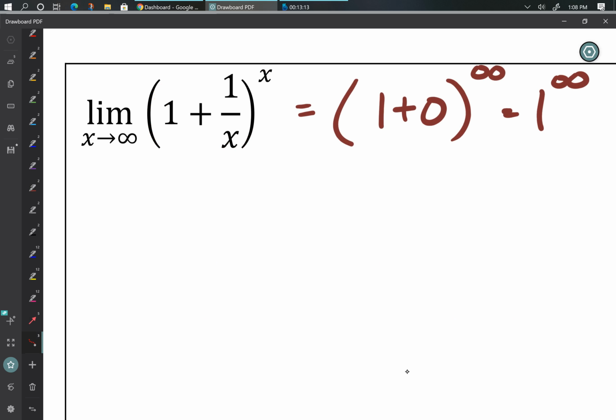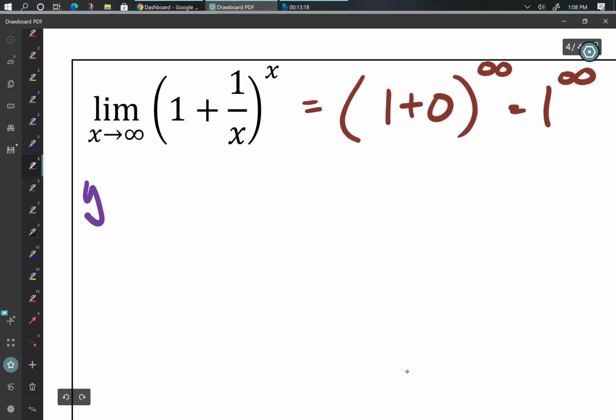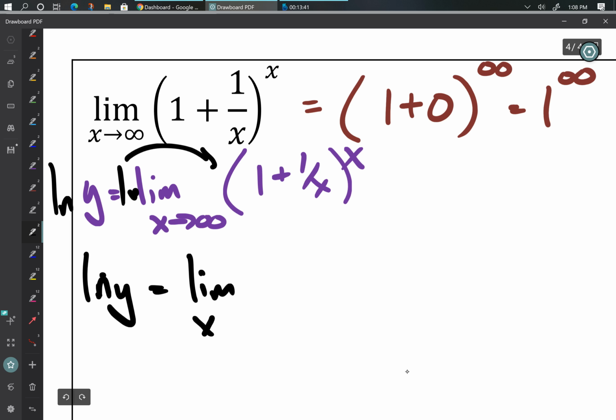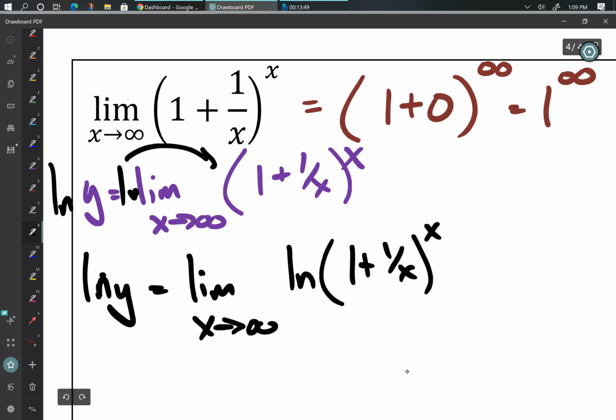All right, so let's get this done. You ready for some algebra? If we say that some value y is equal to the limit as x approaches infinity of (1 plus 1 divided by x) raised to the x, then we can take the natural log of both sides and get that the natural log of y is equal to, push the limit inside, the limit as x approaches infinity of the natural log of (1 plus 1 divided by x) raised to the x.